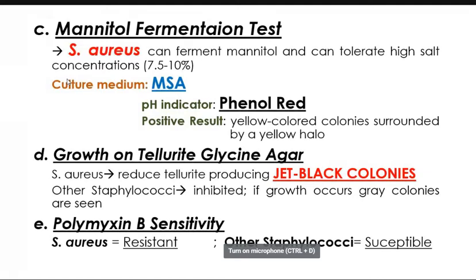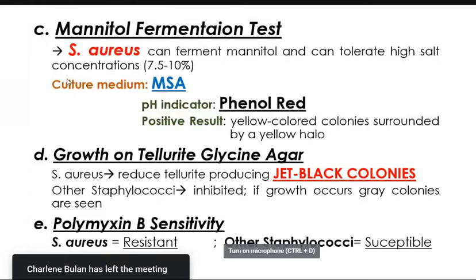So that others, now pag nakikita mo kasi yung mga ibang biochemical na is now differentiating the other species of Staphylococcus. Although with mannitol fermentation test, again, this is specific for Staphylococcus aureus. Now, yung growth in tellurite agar, again, we said there, other Staphylococci naman are inhibited.